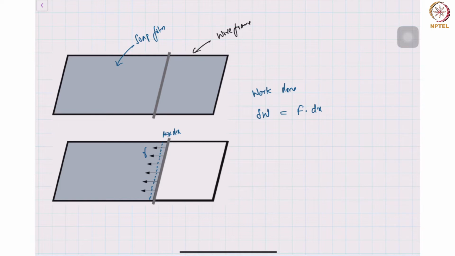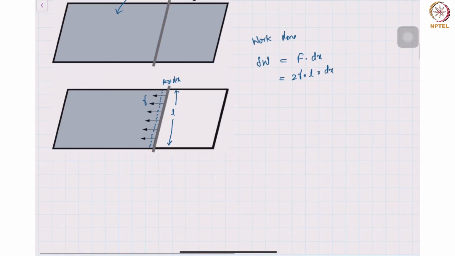The work done would be force times dx, and this force would be 2 times the surface tension times the length of the rod, where this is L, times dx. And why do we have 2?